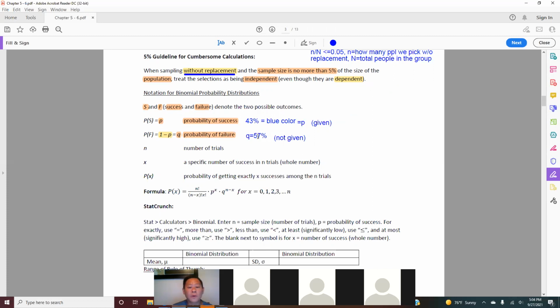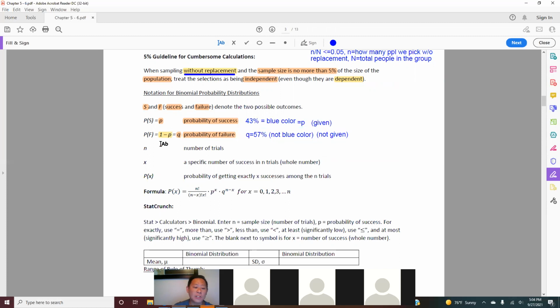So Q in this case is the probability of not getting blue. This is the meaning of the failure here: you don't get the blue color. Usually it's not given in the question, so make sure you understand how you figure out this Q, and it's not that difficult.